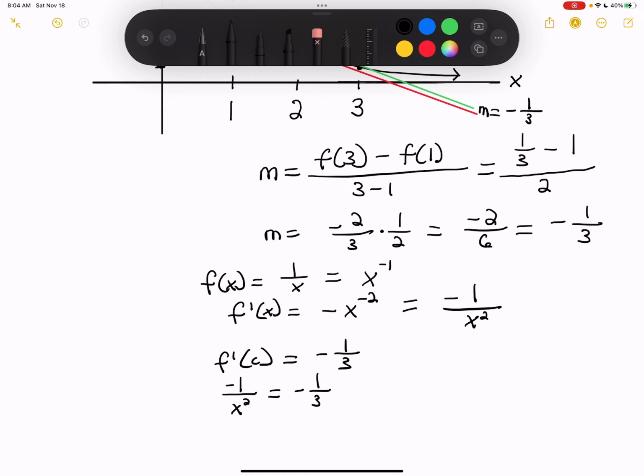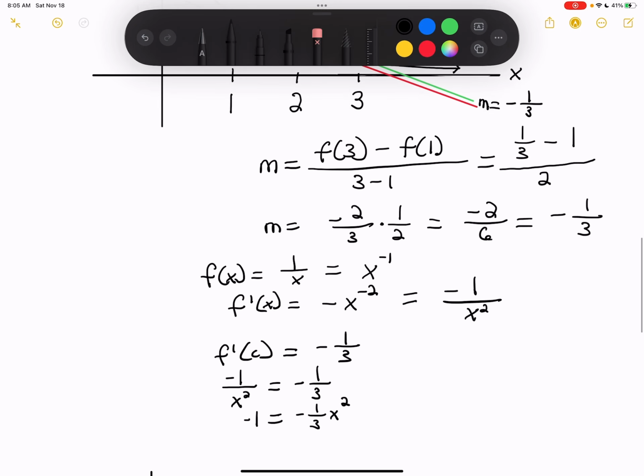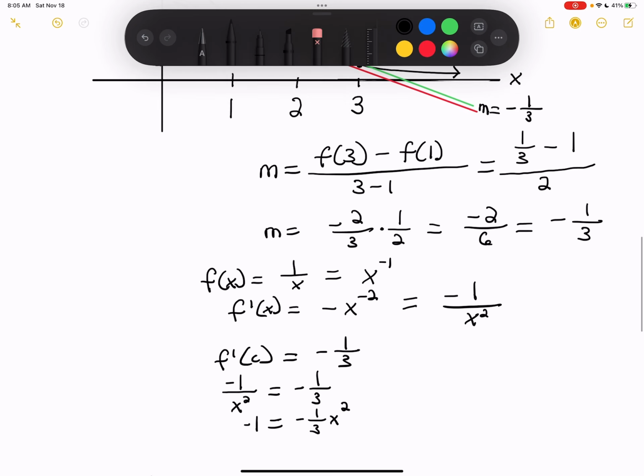And let's solve for x. So we'll multiply both sides by x squared, and we'll get negative 1 equals negative 1/3 x squared. Divide both sides by negative 1/3. That will give me positive 3.